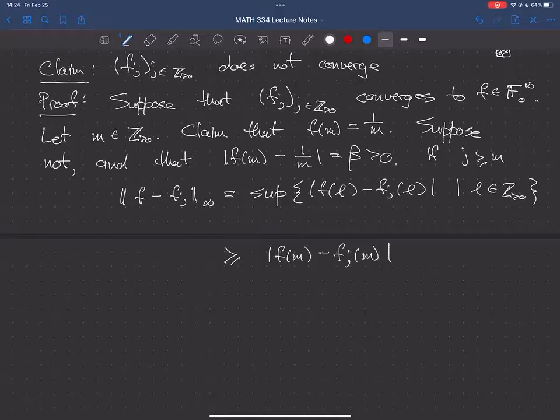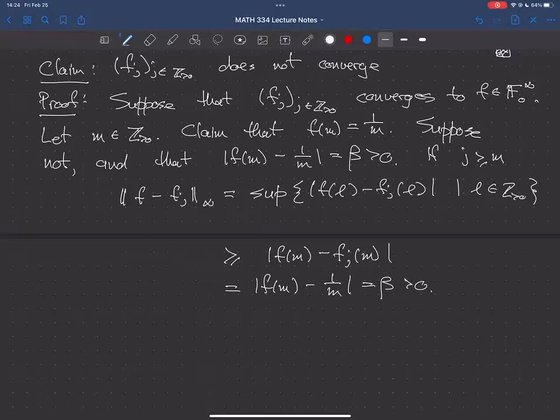That's true just because I'm taking a sup over a bunch of numbers, and so that sup is obviously going to be greater than or equal to any of the particular numbers that I'm taking the sup over. So I'm choosing the one where L is equal to M. And now, because j is greater than M, this thing is equal to f of M minus 1 over M, because that's the value of fj at M, which is equal to this number beta, which is greater than 0.